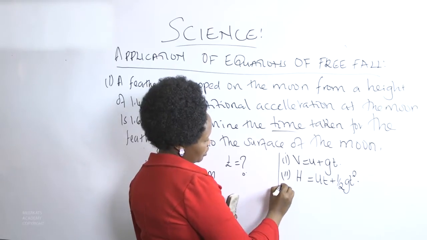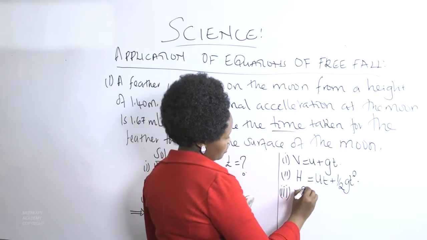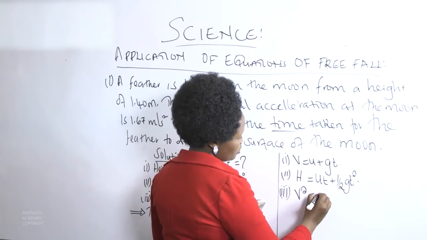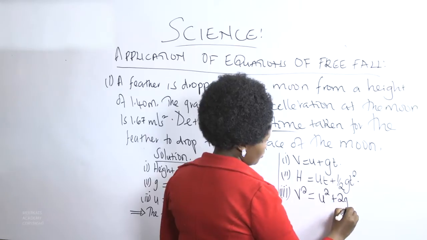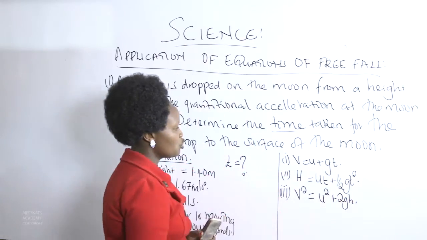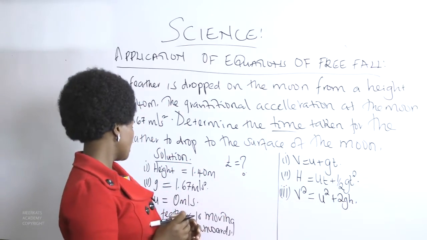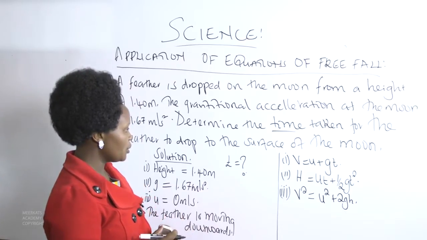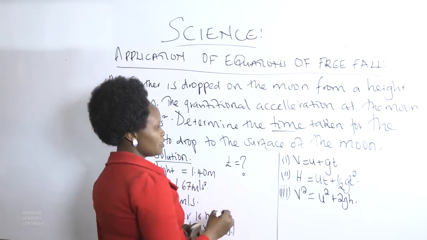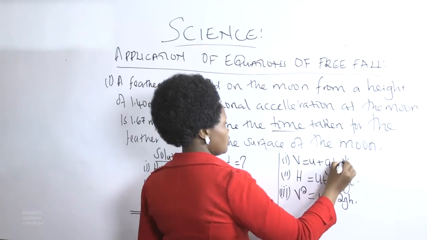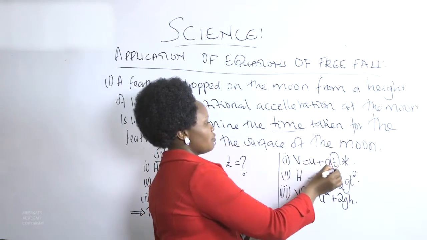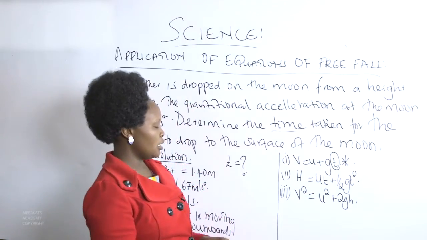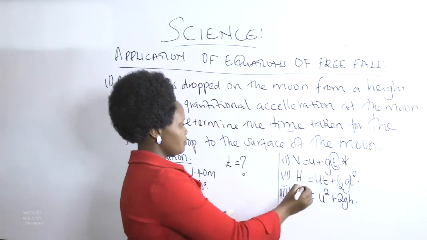Then we have number 3, v squared is equal to u squared plus 2gh. Now, when we look at the first equation, much as it has the time factor, we don't have v.